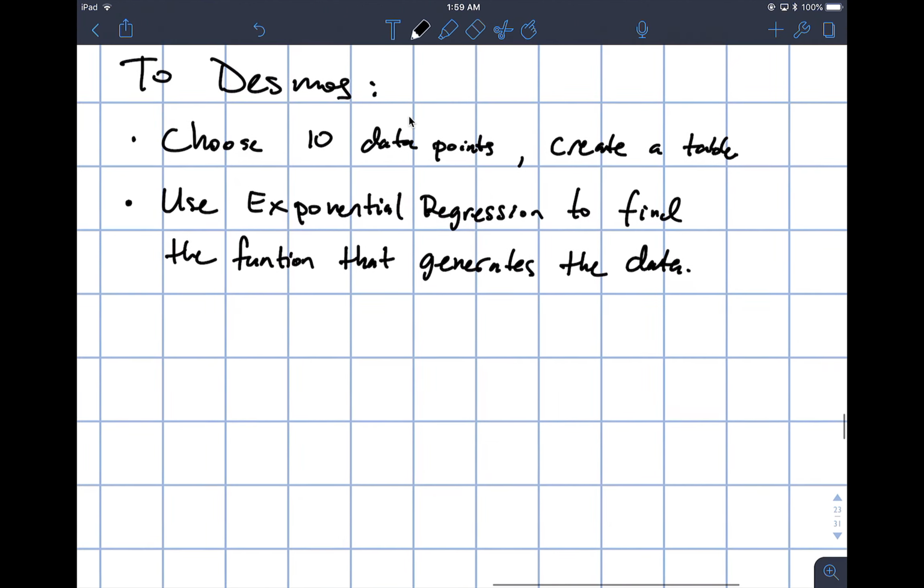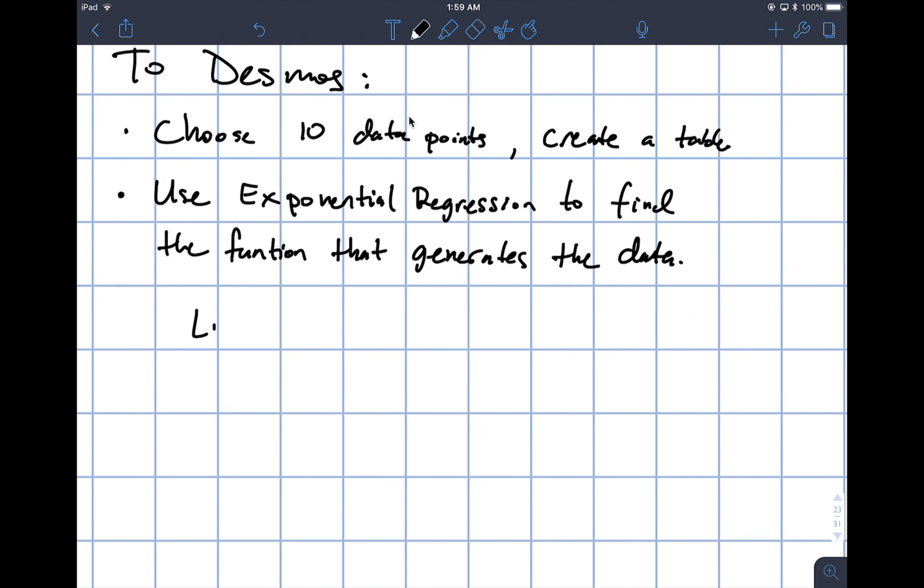So just a quick reminder, linear regression in Desmos was like this. Remember y sub 1 is tilde, congruent to m x sub 1 plus b.